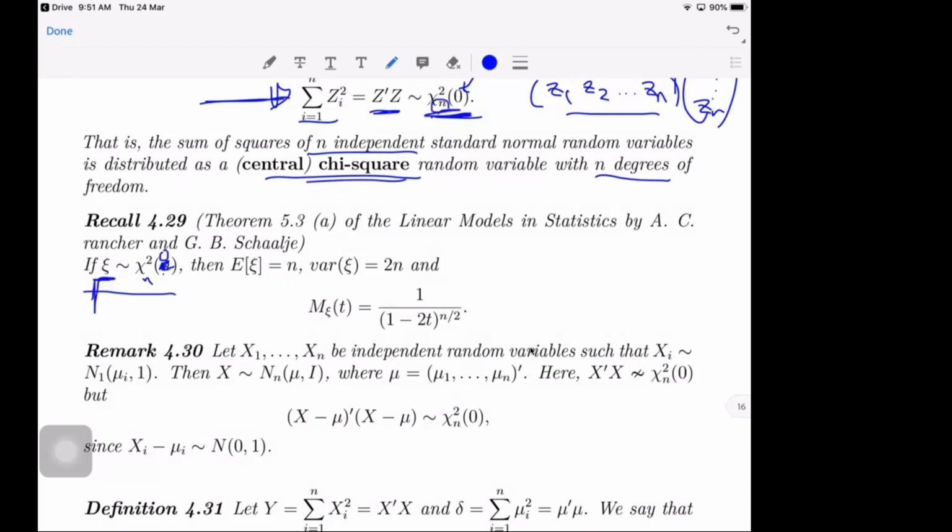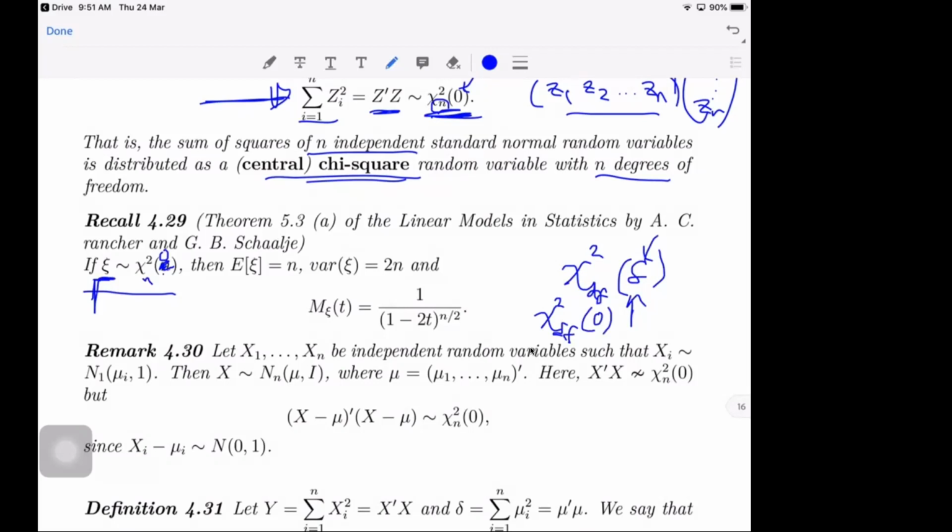Na din ang degrees of freedom. Chi-square, degrees of freedom and then here is a centrality parameter. We call it delta. So if it is just a simple chi-square degrees of freedom without the parenthesis there or with the parenthesis 0, it means that it is a central chi-square. Otherwise, it will have a delta here, which is a non-centrality parameter.